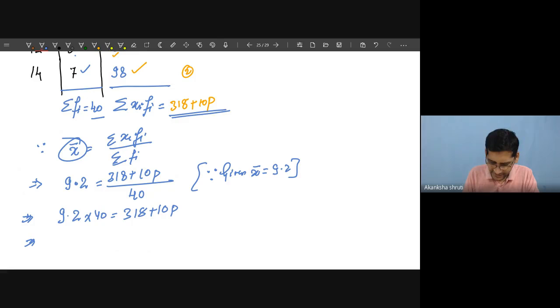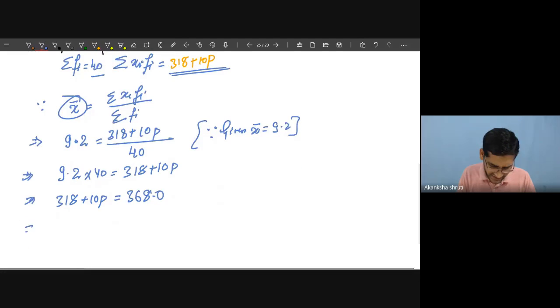Or we can write this as 318 plus 10p is equal to 40 into 9.2, sorry. The 0 will get cancelled, or you may put 10 after the decimal.